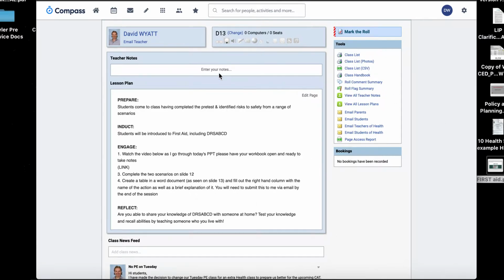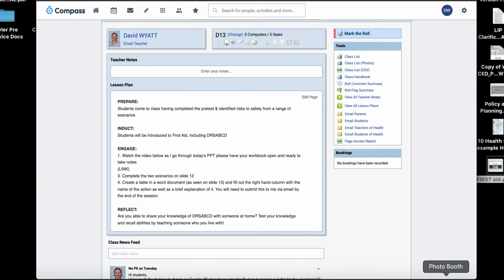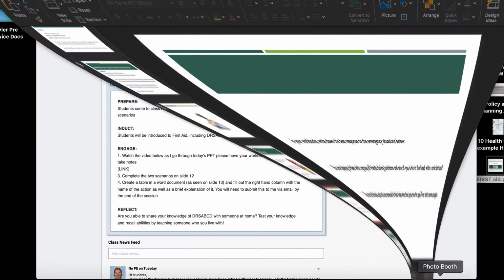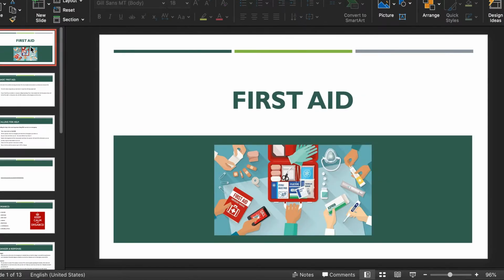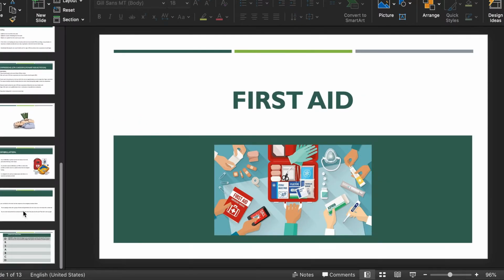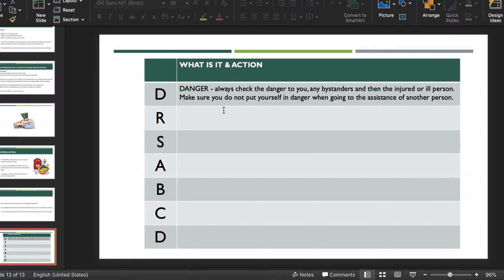The PowerPoint is in our resources, under the week 2 folder of term 4. The tasks you'll need to complete are to respond to the situations given, 2 situations, and then to create this table.